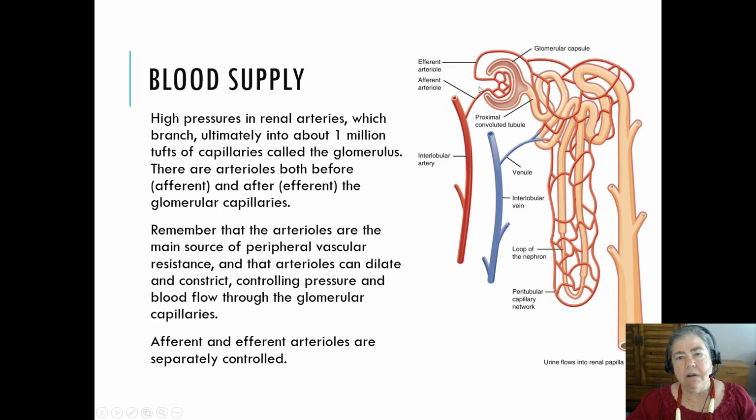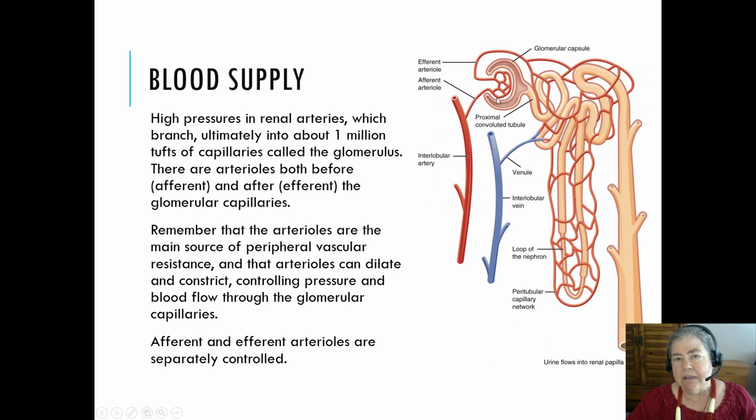If you remember from the cardiovascular lecture, I said that arterioles are the main source of peripheral vascular resistance, and that there are mechanisms that allow arterioles to dilate and constrict, and that dilation and constriction at the level of the arterioles changes the pressure in the capillary beds.